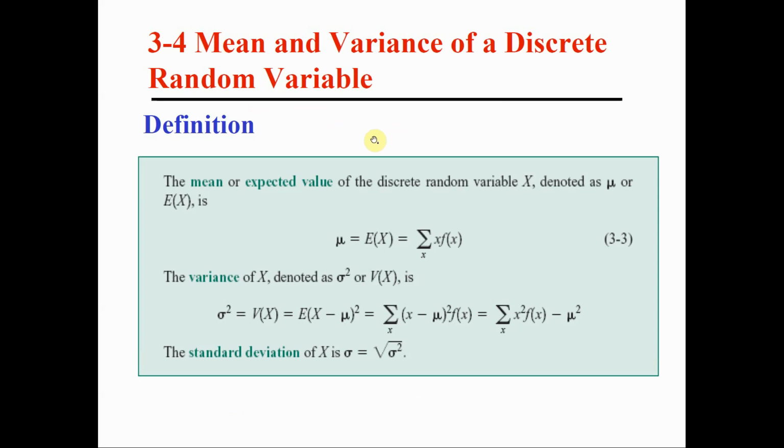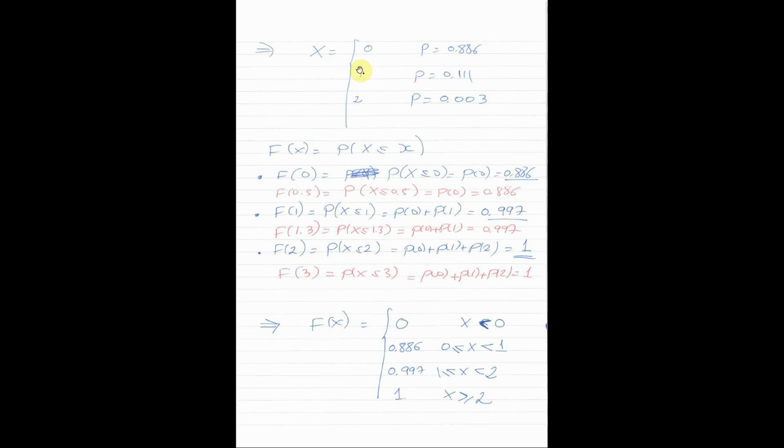Now we would like to go to another concept, the mean value of a random variable and the variance of a random variable. So what is the mean value of a random variable? We have a random variable here. Like in this case, x is 0 or 1 or 2, each one of them coming with a probability. If you do the experiment, we generate a value for x, and it could be 0 or 1 or 2.